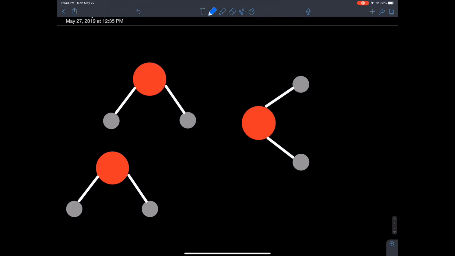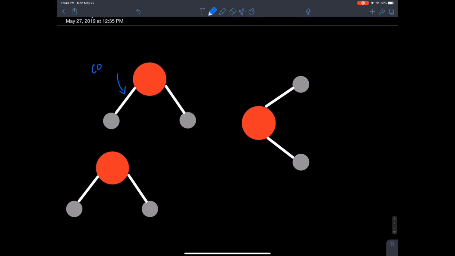So first of all, what kind of bond is this right here within the water molecule? Or I guess first, let's identify what we're looking at here. What's the red? It's oxygen. And what's the gray? Hydrogen. Okay, so when we look at this bond within the water molecule, what kind of bond is it?